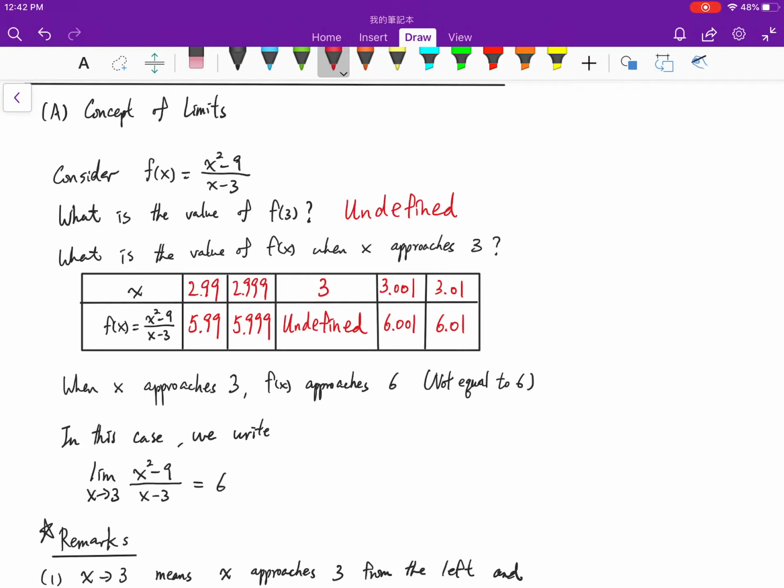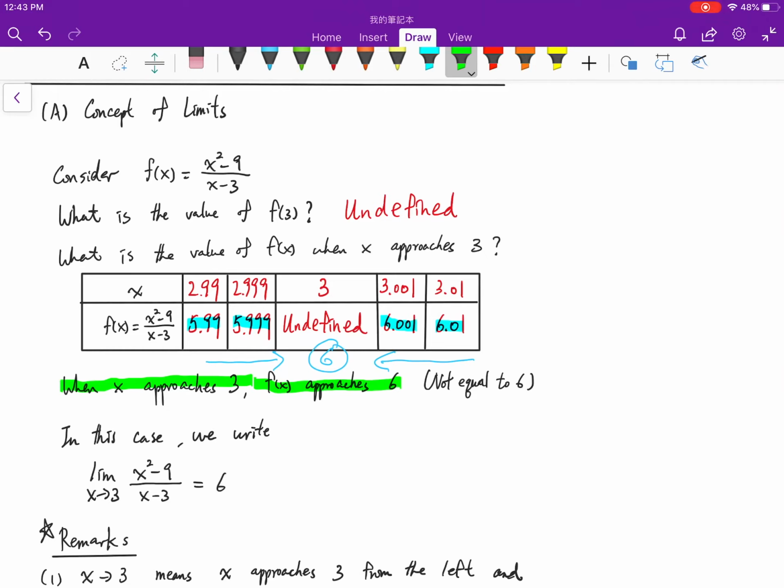As you see from the table, when x approaches 3, f(x) is actually approaching a number, which is 6. So we observe that when x approaches 3, f(x) approaches 6.